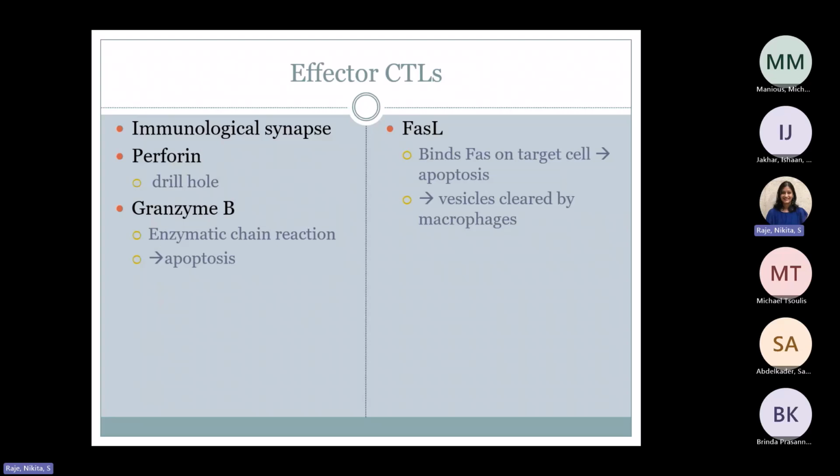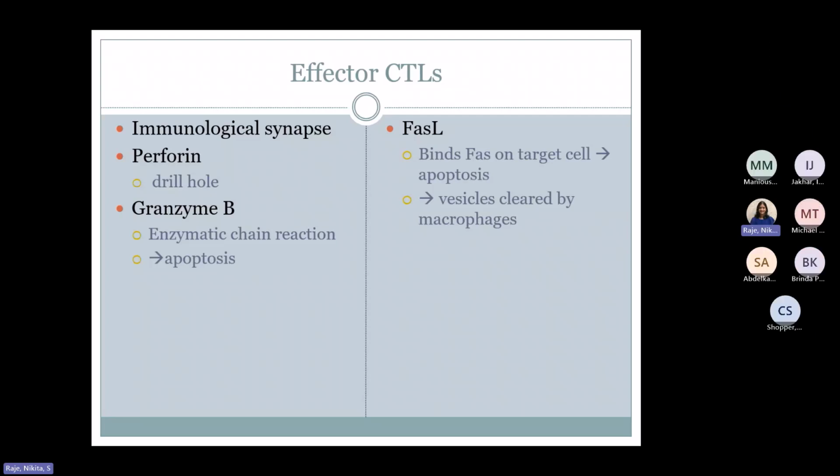So the CTLs, effector CTLs, what do they do? How do they work? Their function occurs in the immunological synapse. Just as a refresher, we talked about the immunological synapse, where the T cell comes in contact with the antigen presenting cell. There are adhesion molecules, integrins, selectins that keep those cells closer to each other.